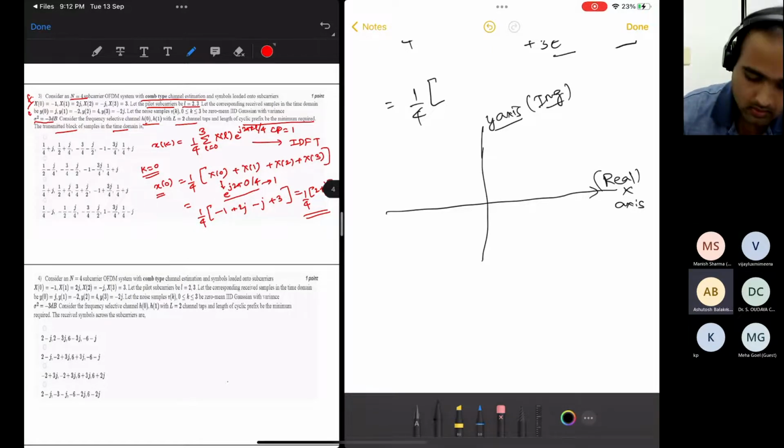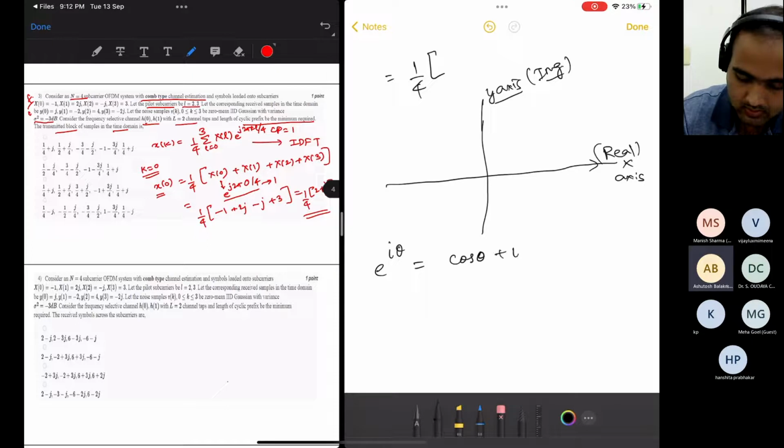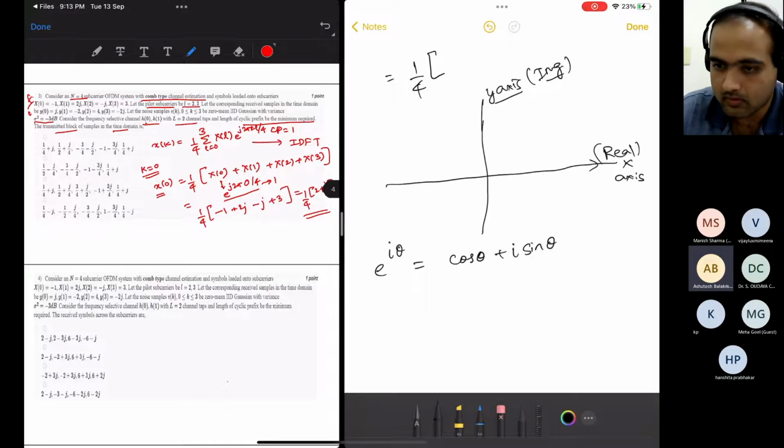Now just remember Euler's identity. What is Euler's identity? So Euler's identity is e to the power j theta is cos theta plus j times sin theta. Is this step clear?